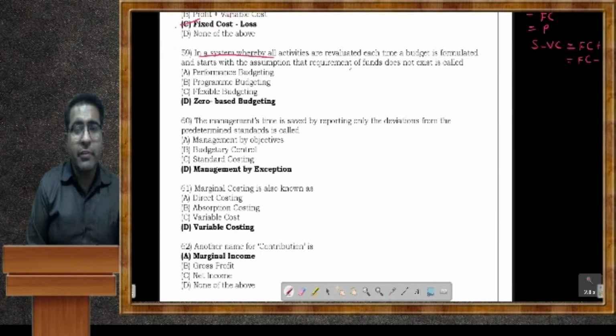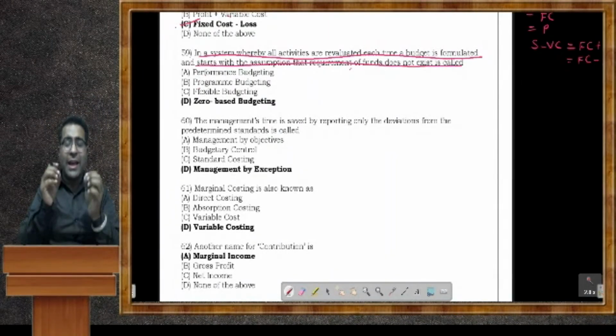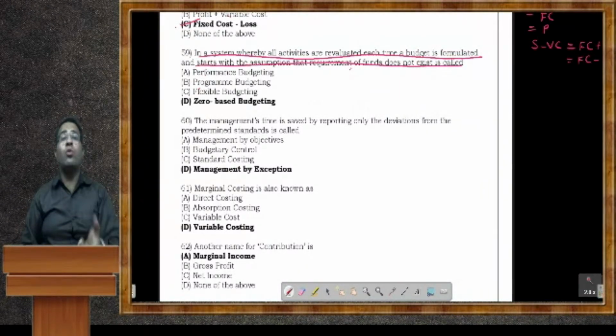In a system whereby all activities are revalued each time a budget is formulated and start with the assumption that the requirement of fund does not exist is called what? When we revalue each and every activity each time, this type of budget is always regarded as zero based budget.